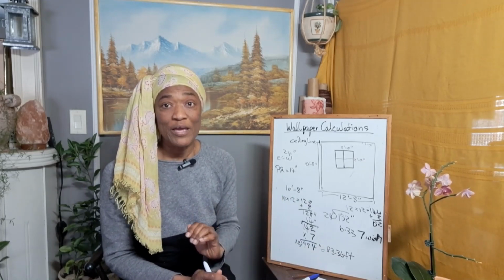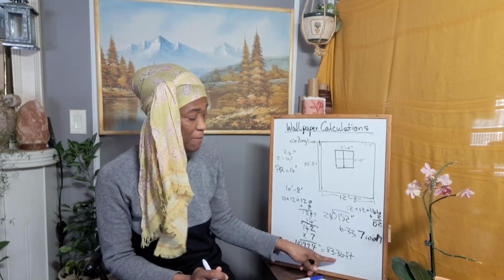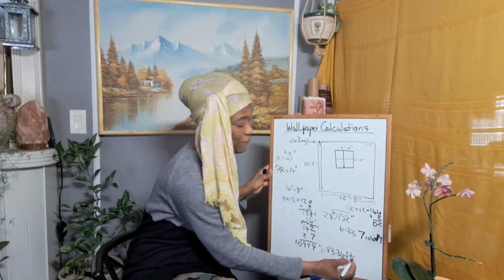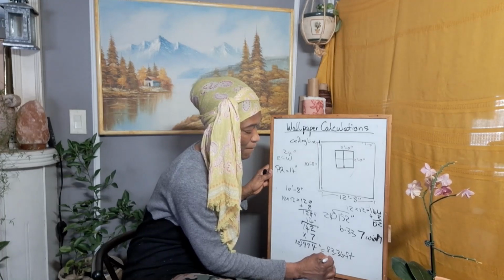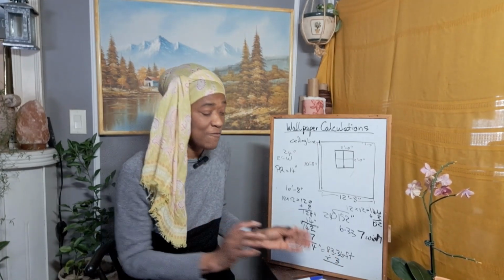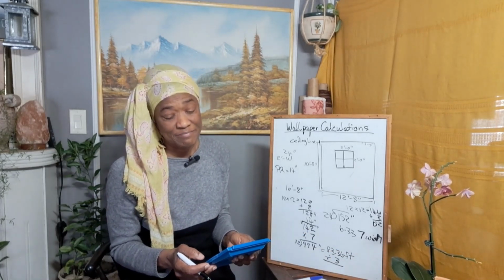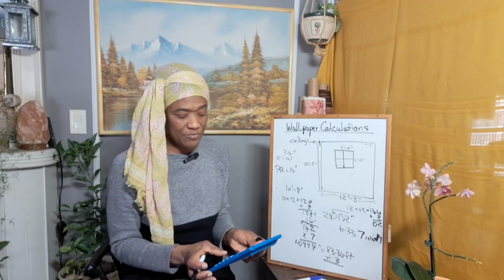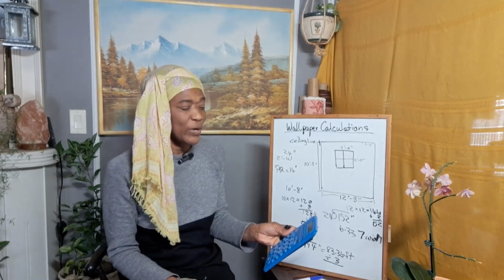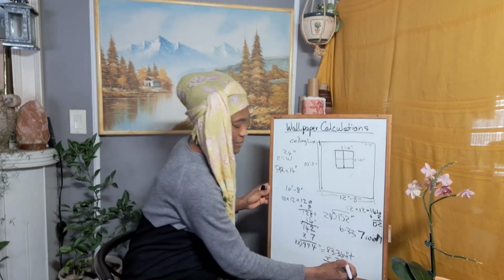However, if you're buying it by the yard, then you have to take this 83.36 and divide that by 3, because there are 3 feet in a yard. So that's divided by 3 equals 27.78.